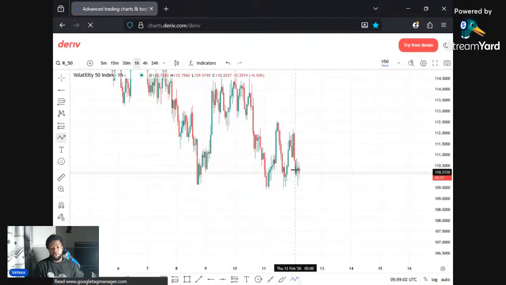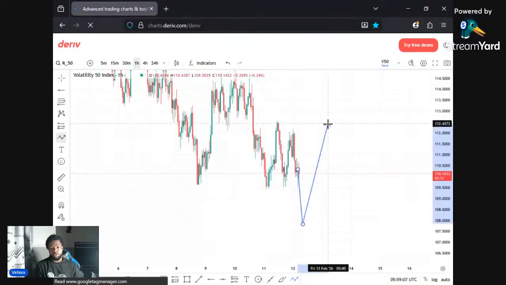So if price will break this structure and then come back to this zone, then we'll have something to do.